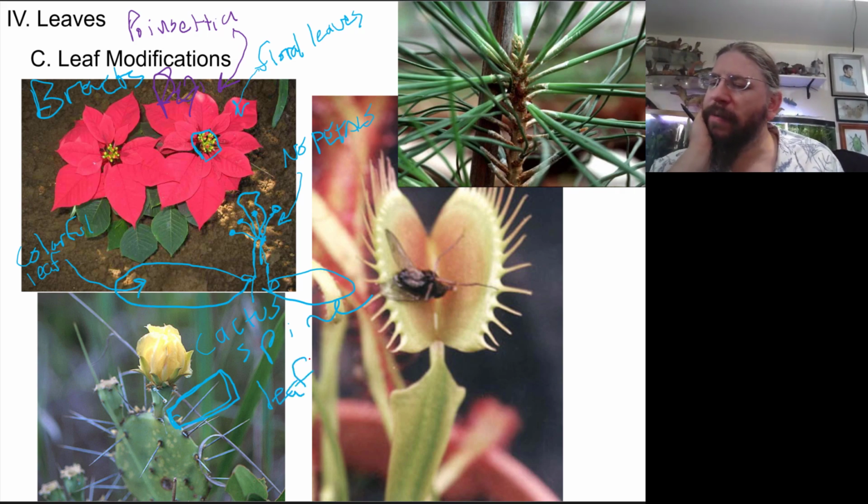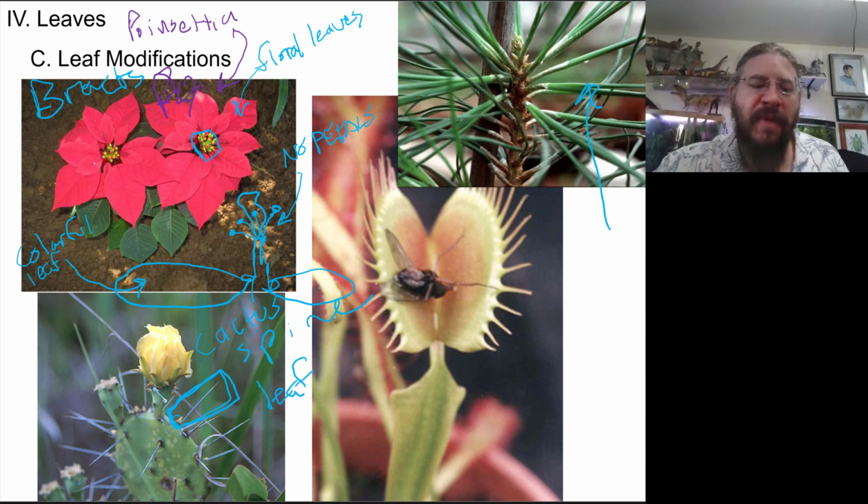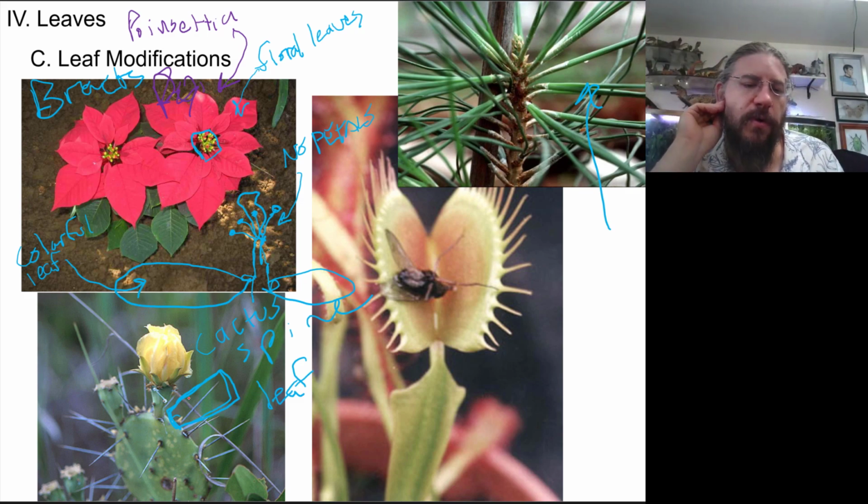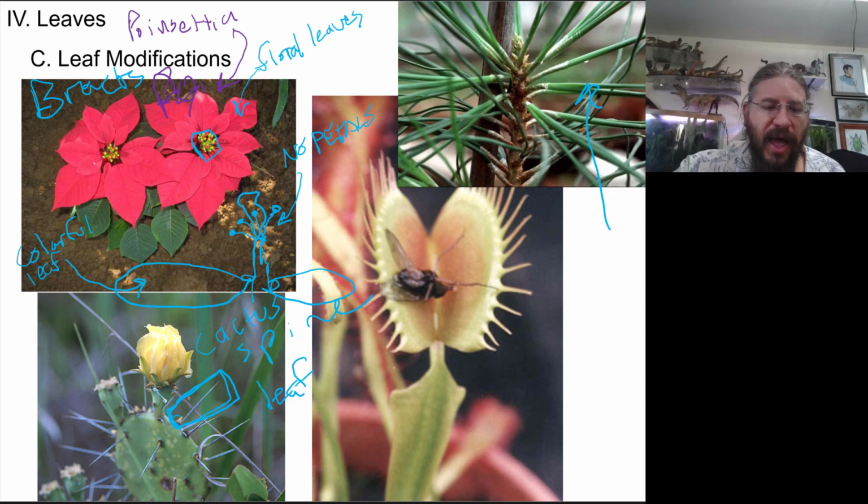Now, let me remind you that microphylls were only present for one group of seedless vascular plants. From ferns onward, we have megaphylls. So pine needles up here, these are megaphylls. Cactus spines, these are megaphylls. So don't get fooled by that. So there we go. The cactus spines are, of course, a leaf modification for defense.